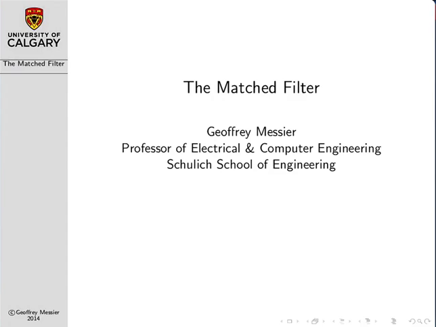This matched filter section is a look at the demodulator. The purpose of the matched filter is to take the analog waveform and sample it, extracting the information that the detector needs to make its decision, and doing it in such a way as to maximize the quality of the information we're passing on to the detector.